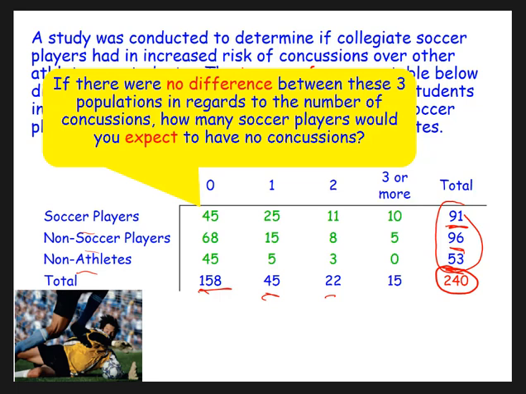So if there were no difference between these 3 populations in regards to the number of concussions, how many soccer players would you expect to have no concussions? Well, there's 91 soccer players out of 240 total. So we would expect the proportion of people with 0 concussions to be the same as the proportion of the soccer players out of the total.